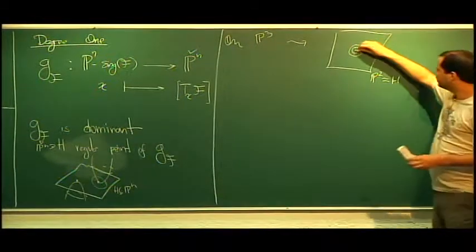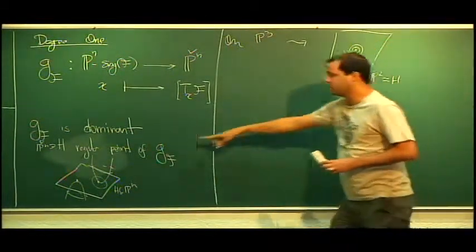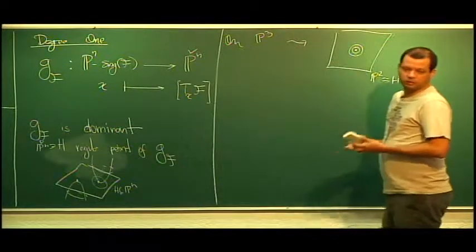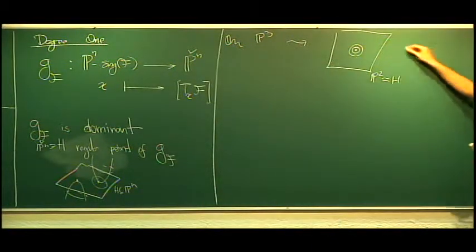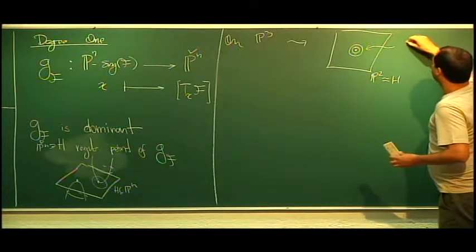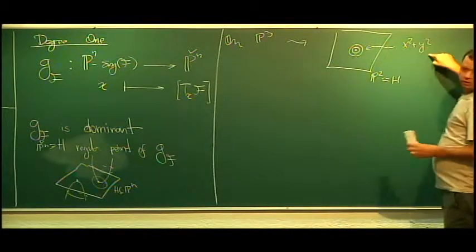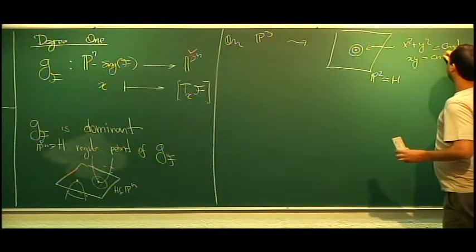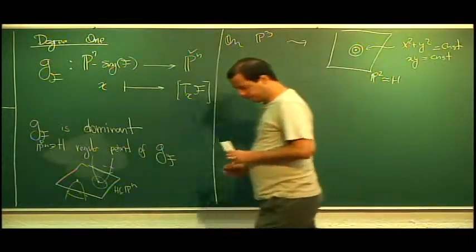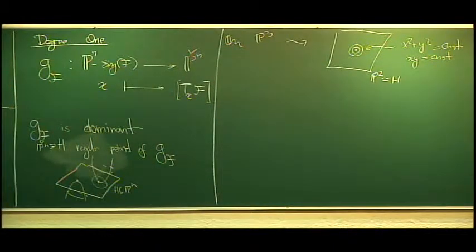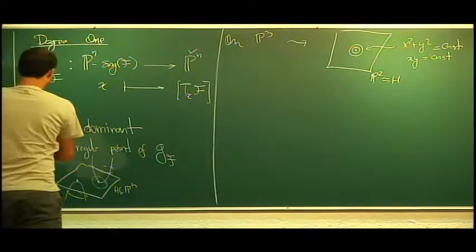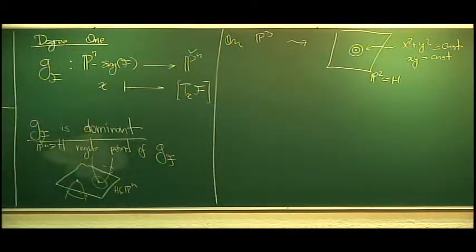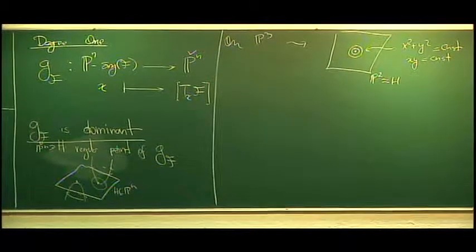You have a singularity, which is non-degenerate because it's a regular point, and which has a local holomorphic first integral, which is locally of the form x squared plus y squared, which is, in the complex world, the same thing as xy equal constant. So, if you want to study foliations of degree 1 with GF dominant, we have just to understand, let's say by induction, this set.